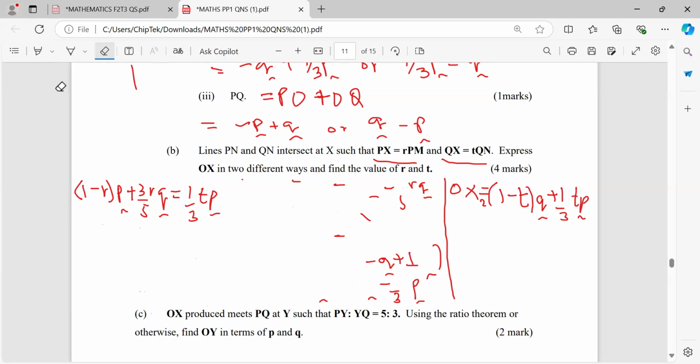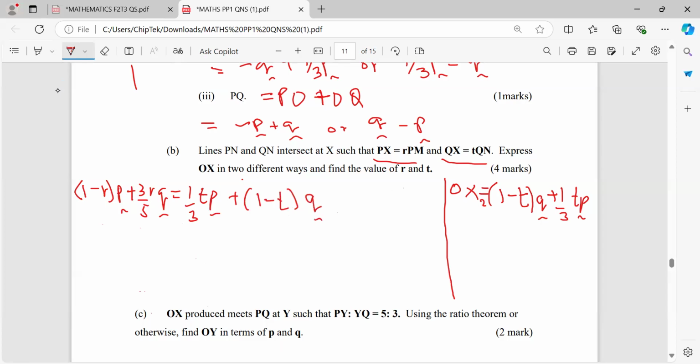Okay, so to equate kwa ile ya pili, OX ya pili imeanza na P, then tuendelee na hiyo Q. So equal to a third TP alafu plus Q, 1 minus T Q. Hii ni T. So to equate zile za P tuna-equate.